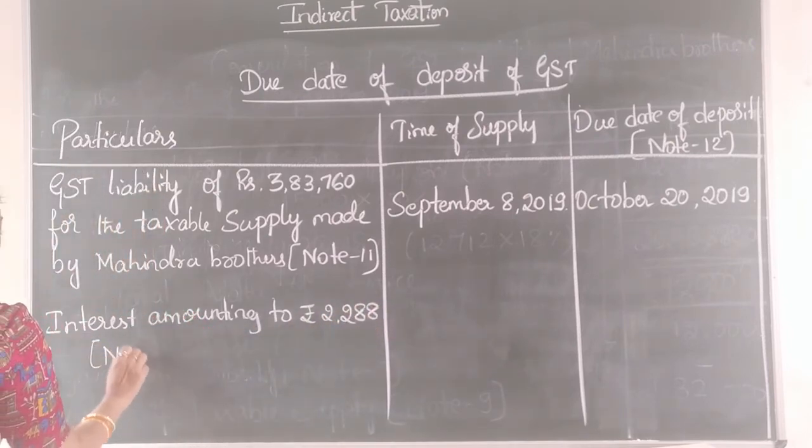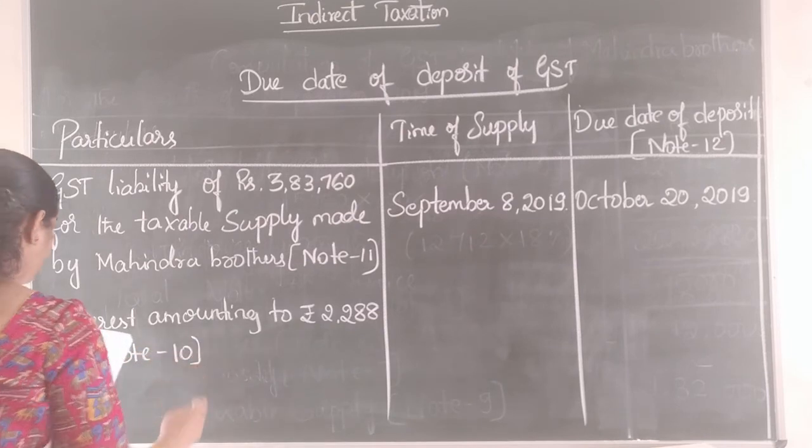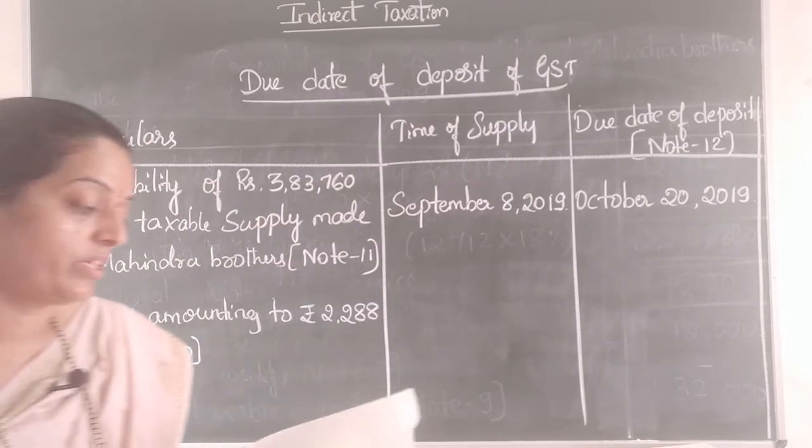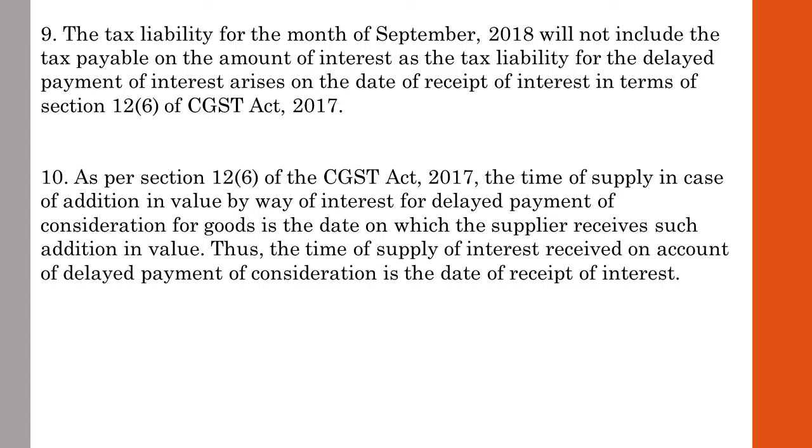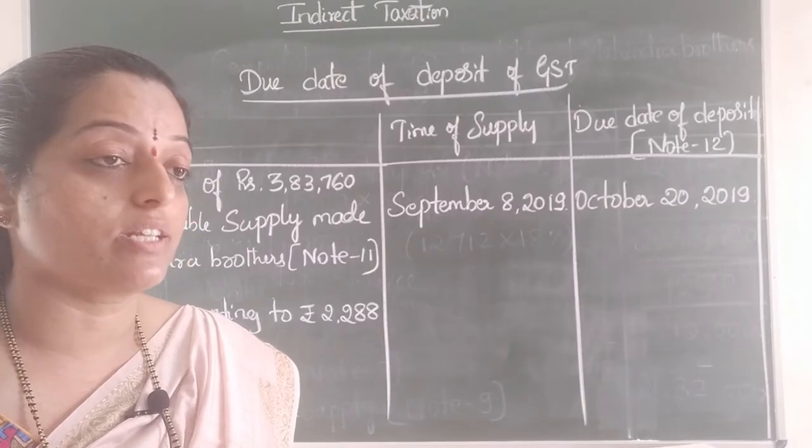Note 10 says that as per section 12 subsection 6, time of supply in case of addition in value by way of interest for delayed payment of consideration for the goods is the date on which the supplier receives such addition in value. Thus, time of supply of interest received on account of delayed payment consideration is the date of receipt of interest. That means time of supply is when it is received.